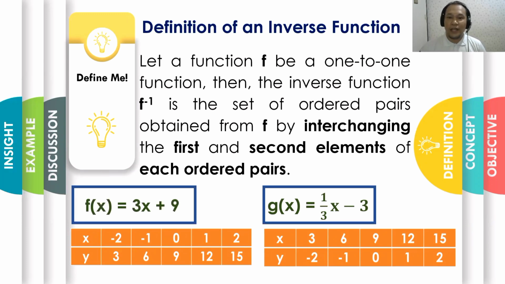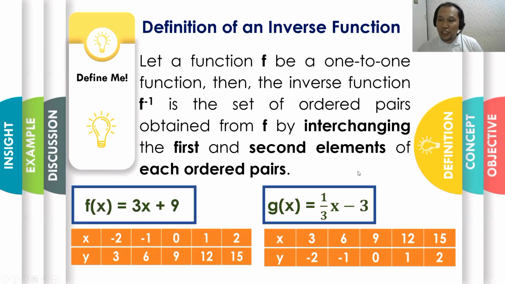As I said, let a function f be a one-to-one function, then the inverse function, denoted by f raised to -1, is the set of ordered pairs obtained from the function f by interchanging the first and second elements of each ordered pair. The first element is the domain, and the second element is the range.